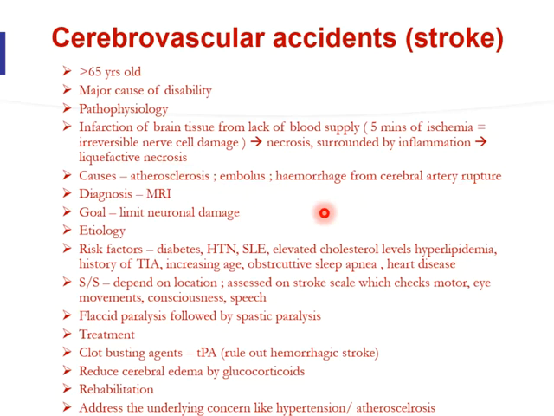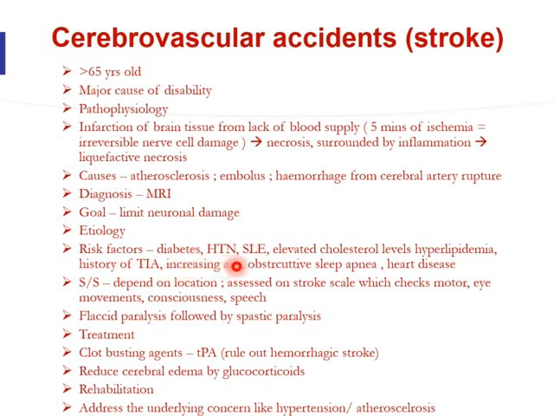In all strokes, the goal is to limit the neuronal damage. Okay, the area that is affected by the lack of blood supply has to be limited. What are the etiology risk factors?